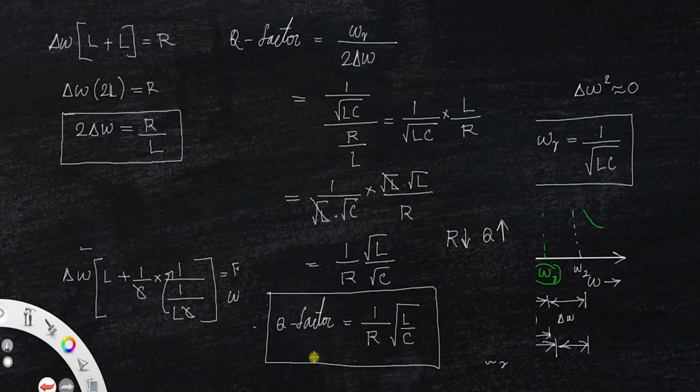We can say that quality factor high means the resonance is sharp. So when the resistance of the circuit is less, that circuit gives a high quality factor. Clear? And the quality factor increases with L. With an increase in inductance, the quality factor increases, but with a decrease in capacitance, the quality factor increases. Clear?